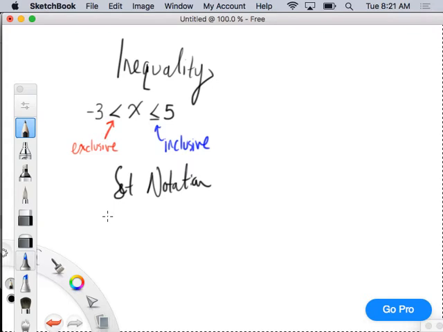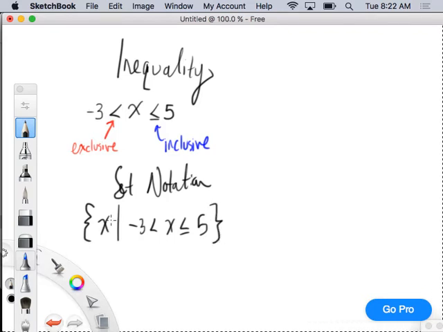I can also have set notation for x, and that would be the set of all x such that. You see how this is a language? This is math language. The set of all x such that -3 is less than x is less than or equal to 5. This says the same thing as inequality notation, except it's in set notation. Just a different notation.